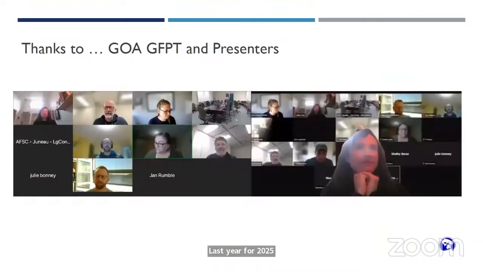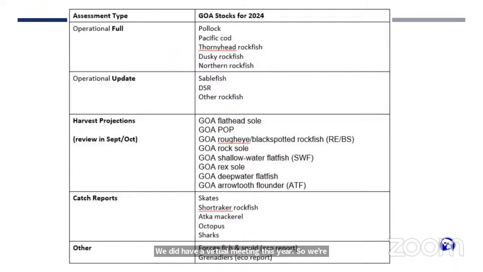We did have a virtual meeting this year, so we're looking forward to being back in person together in November. And then this was just for your reference in case you wanted to see what might be coming in November. Thanks.